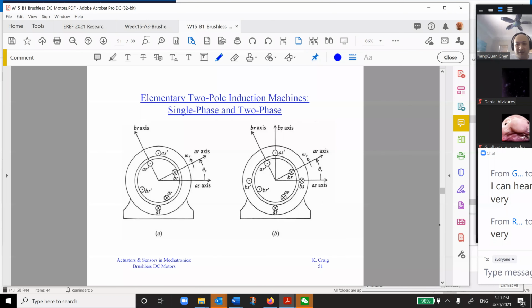Yeah, it's nice to see this figure. Now inside here, you start to see the induction machine. You have windings in the rotor. So by changing the winding in the rotor, you also will be able to produce the motion. And again, you have a rotating magnetic field.